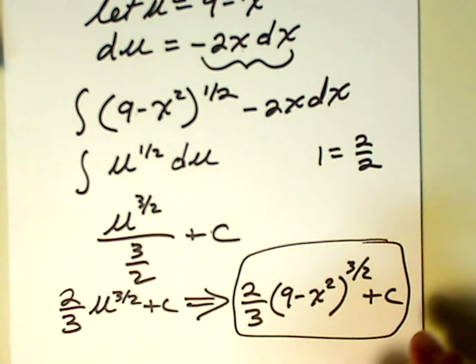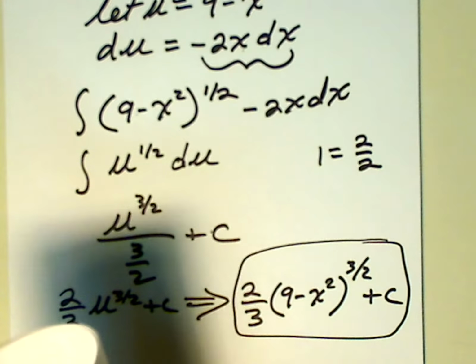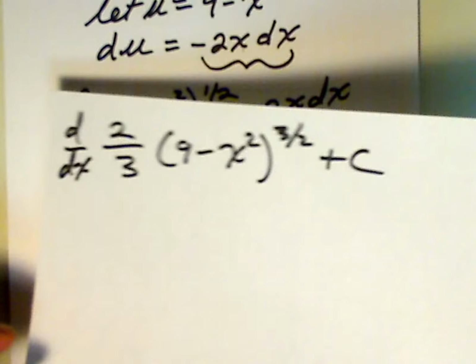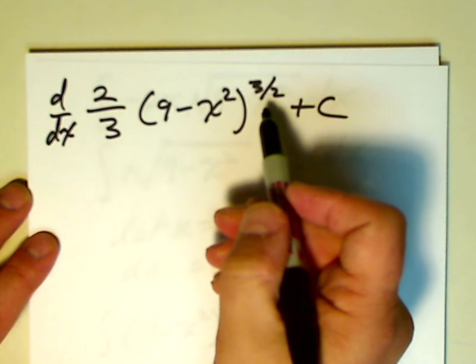And once again, we can check this. So let's rewrite this, 2/3 times (9 minus x squared) to the 3/2 plus c, and we're going to differentiate this. Okay, so let's differentiate this chain rule problem.